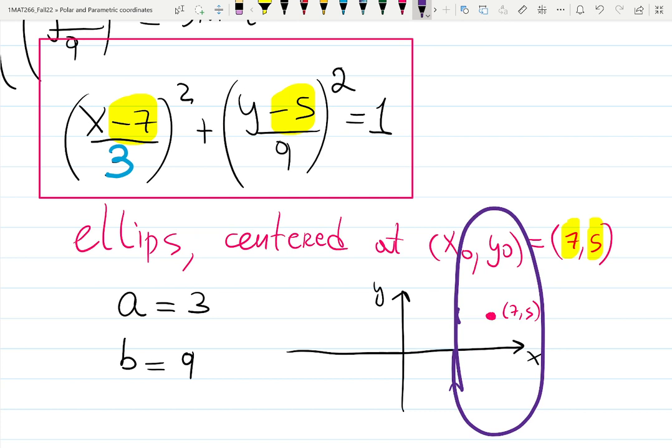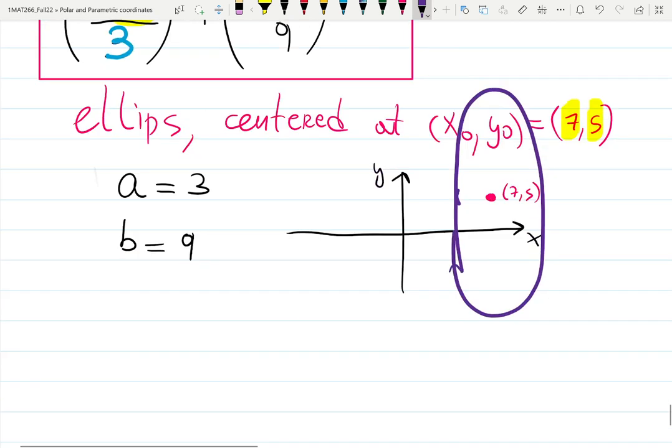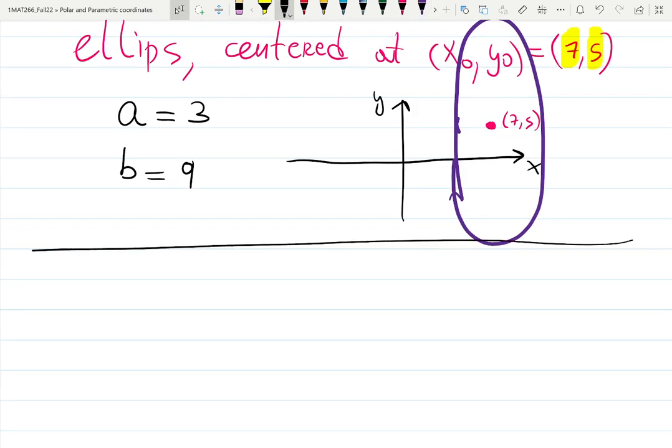Finally, how about the other way around? If I ask you this question on the test.